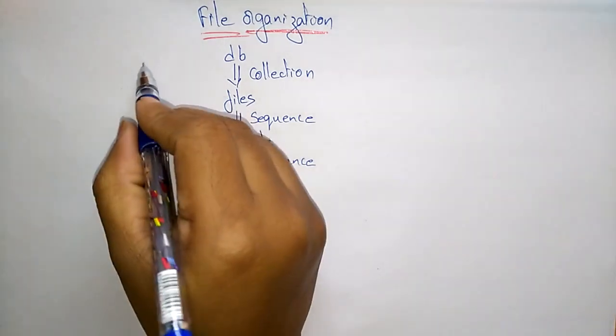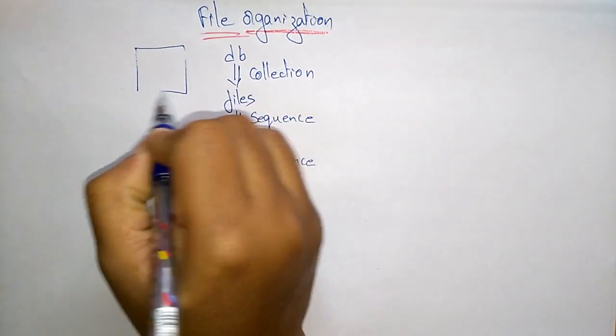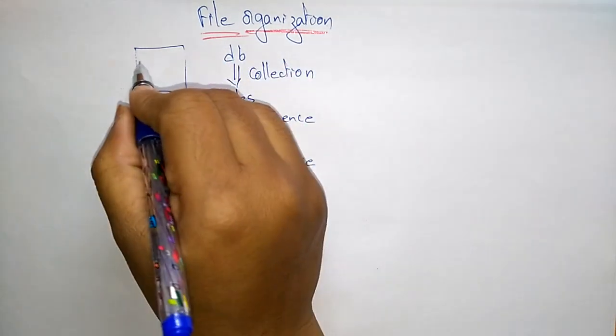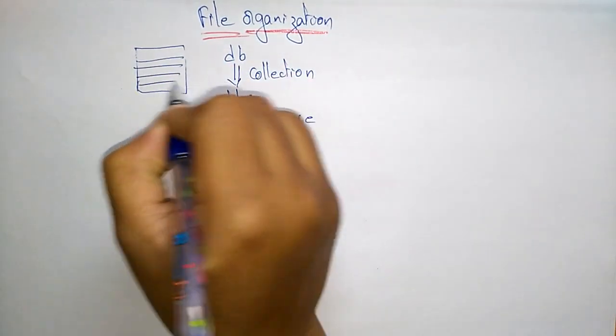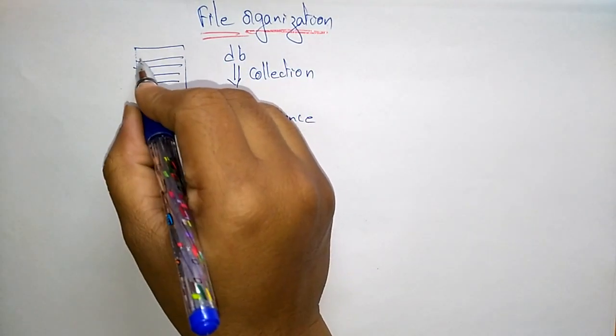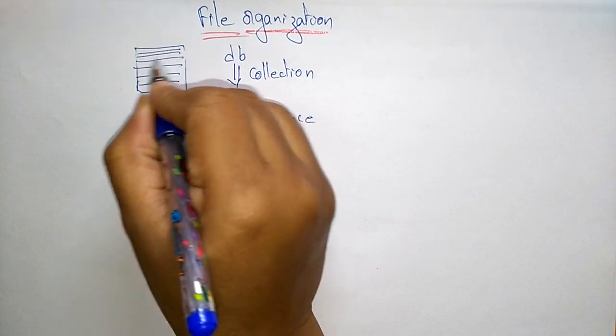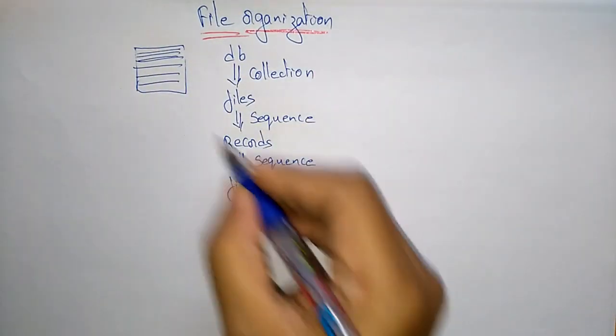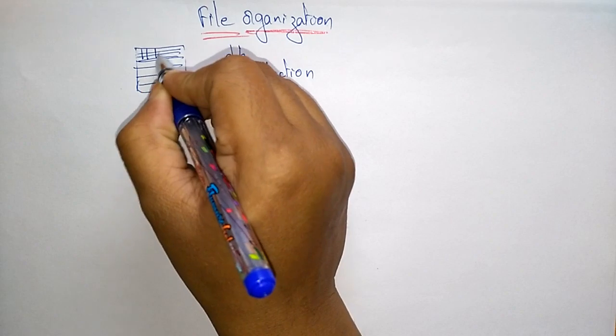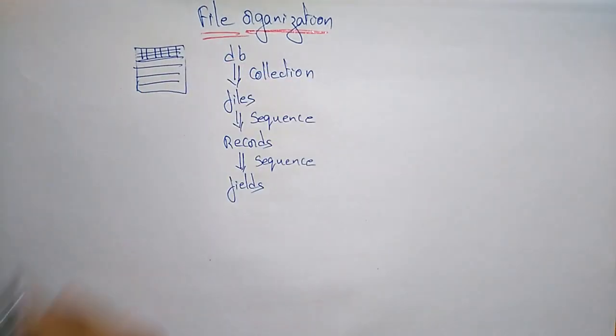So you have a database, and in a database you have a sequence of files. Each file has a sequence of records and each record has a sequence of fields. So that you call a database.